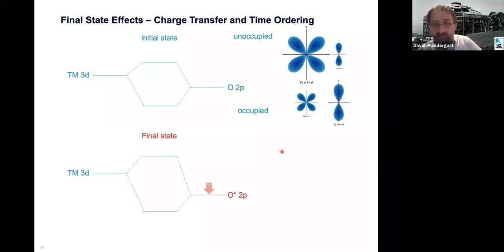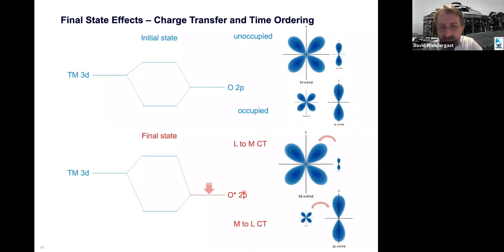Now, if you were to excite the system and drag down in energy this oxygen 2p, what you'd find is that, yes, the occupied orbitals get more oxygen character because the electrons are more localized in that deeper potential well. So you make the system more ionic, you reduce the hybridization with the d orbitals. But then as a complement to that, the unoccupied orbitals do the opposite.